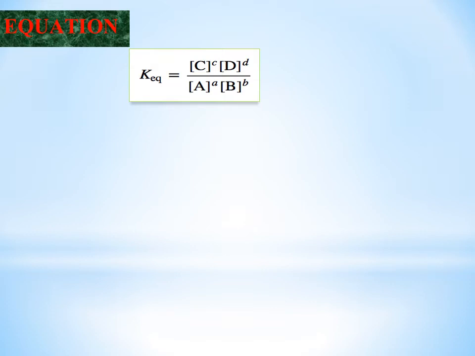In this you can see that the concentration in the superscript is the product of the concentrations of the products, and these small c and d show the coefficients, or we can say the moles of the products. In the subscript is the product of the concentrations of reactants, and these small a and b show the moles of the reactants.